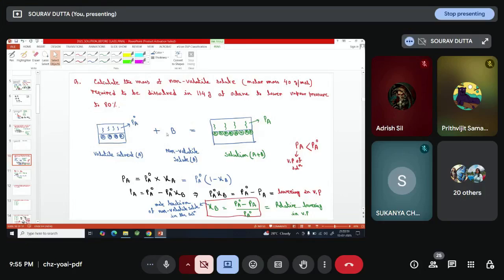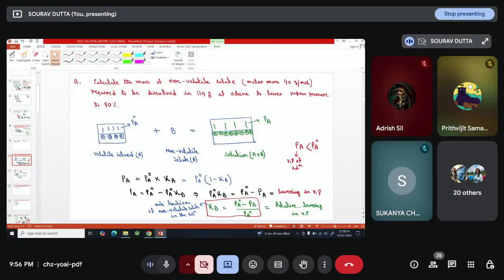Now a non-volatile solute, that means B is not volatile, so B cannot create vapor pressure. Just you add B in this particular solvent. So what will be your observation?